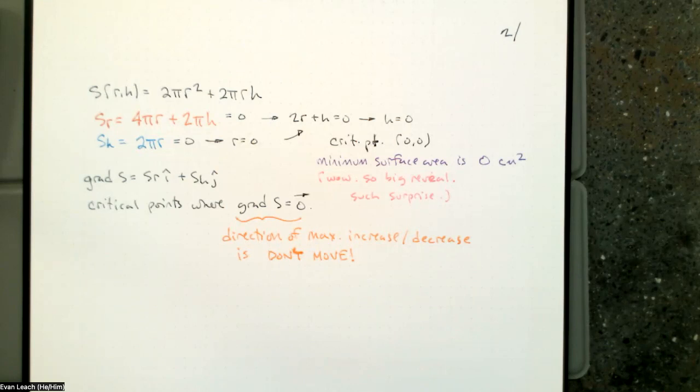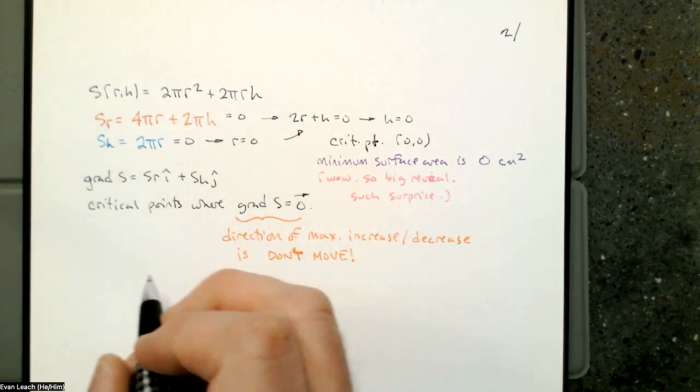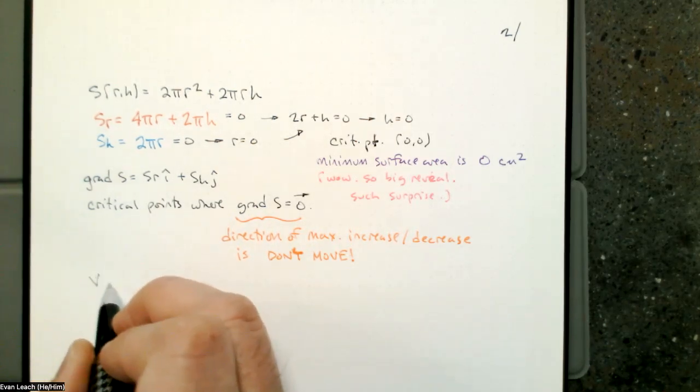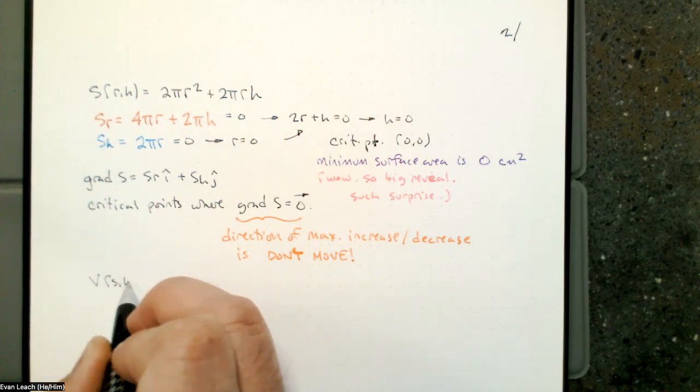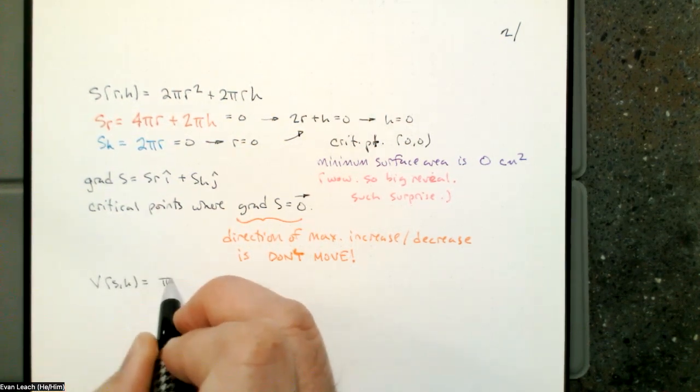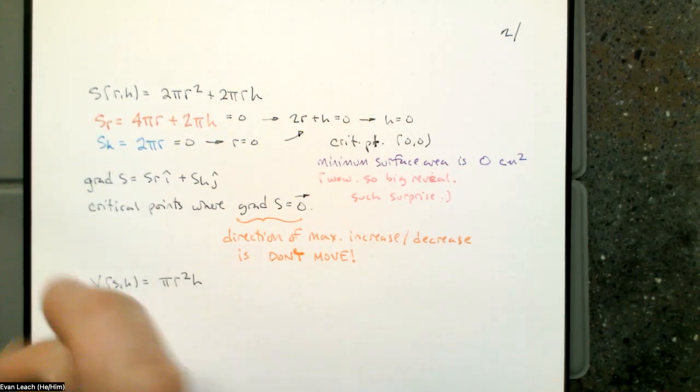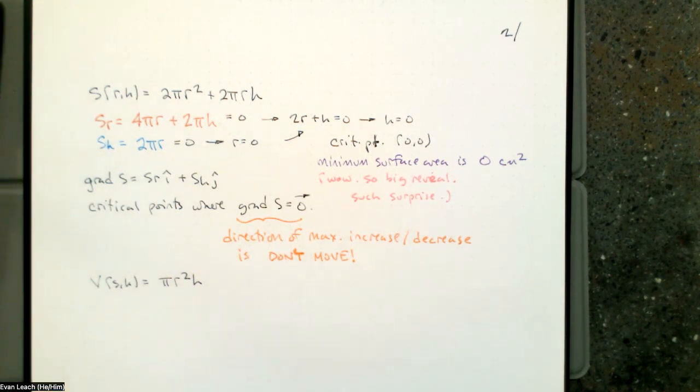Now let's look at our other function. Our other function was the volume. And the volume also is a function of two variables.